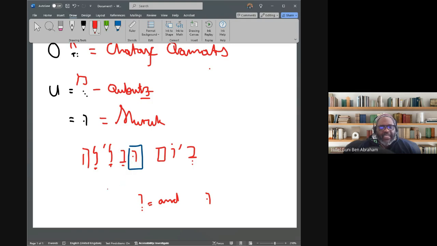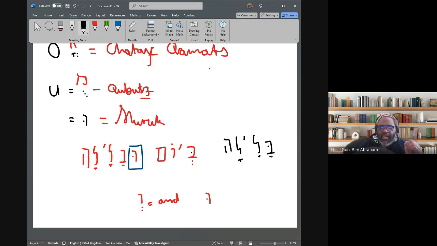So if I want to say at night, I say balayla. But because I say beyom, which means by day, and B is part of Begat Kefat, the spelling changes from the vav to shuruk, u, before the B sound.